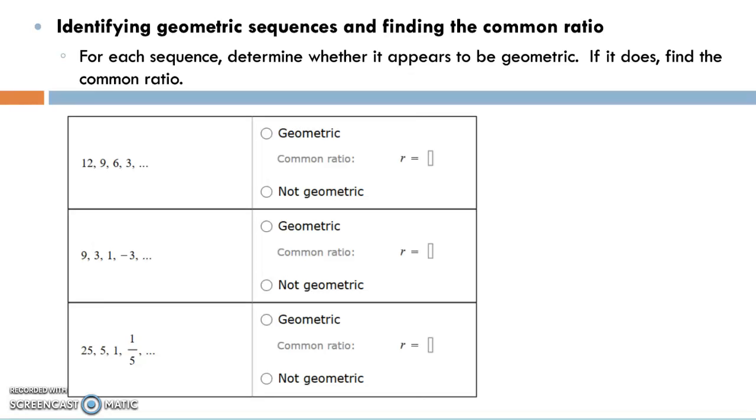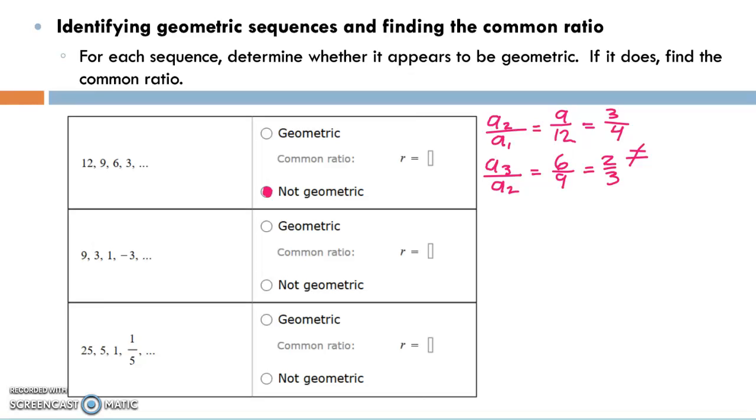But to check whether it's geometric, I can take the second term and divide it by its predecessor, the first term, which is 9/12. So to get from my first term to my second term, I need to multiply by 3/4. But what about to get from the second term to the third term? That ratio is going to be 6/9, which is 2/3. Those are not equal, so we do not have a common ratio, so they're not geometric.